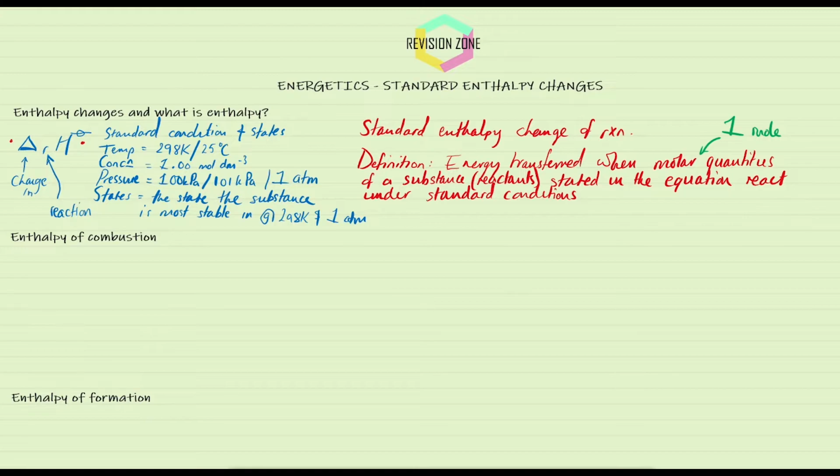So what we need to be careful of is that with any of the other definitions we're going to look at, we must incorporate 1 mole. So that's what it means by molar quantities. The other thing that's really important, the unit for any enthalpy change, whether that's delta H R, delta H C, delta H F, or so on, is always kilojoules per mole.